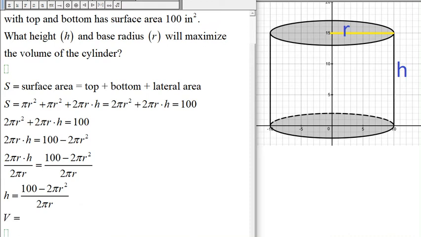And then we want the maximum volume. The formula for the volume of the cylinder is just the area of the base times the height. The base is a circle, so it's pi r squared, and then times the height.